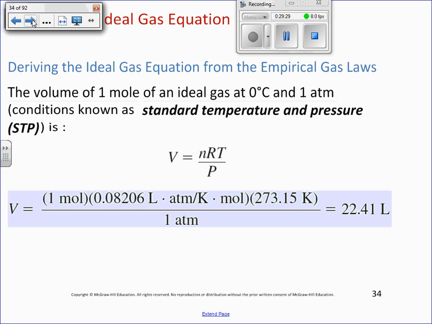It doesn't matter what the gas is. 1 mole of any gas in those conditions will occupy 22.41 liters. Because you can look at the equation, nowhere does it ask you what gas it is. You have 1 mole of it. There's the R, there's the temperature in Kelvin, and the pressure, 1 atmosphere. It's always going to come out 22.41.